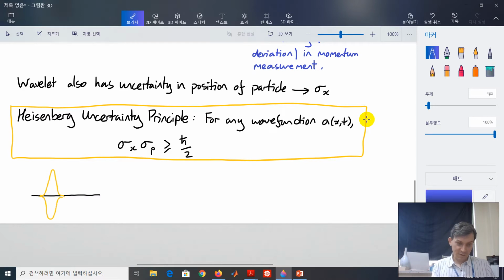So the phase in here would look something like this. This wavelet would have small uncertainty in the position, but because you only have about one wavelength of the wave in blue here, you therefore have a very large uncertainty in the momentum in the Fourier transform.